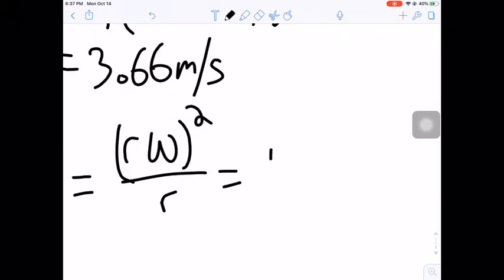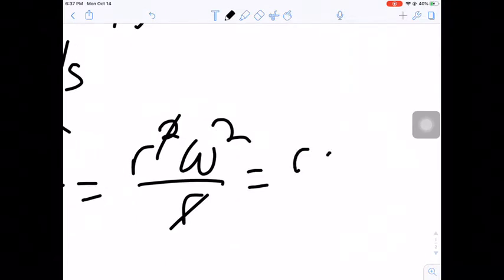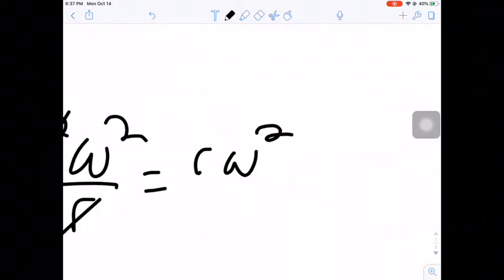If we square that, the r's cancel out, so you're left with r w squared equal to the centripetal acceleration.